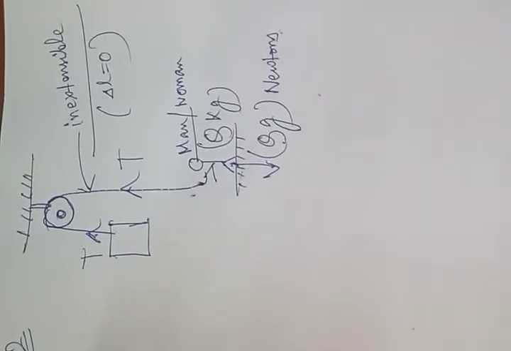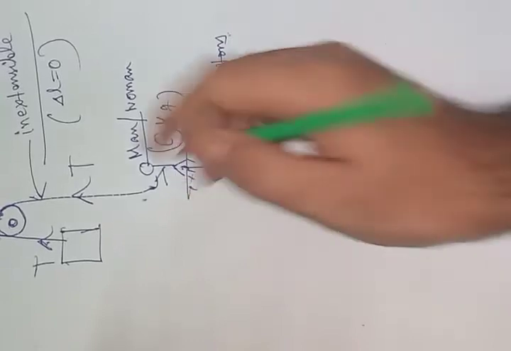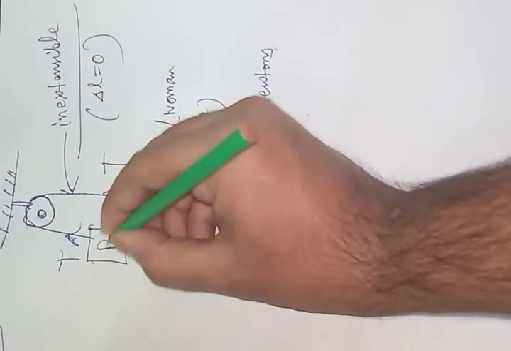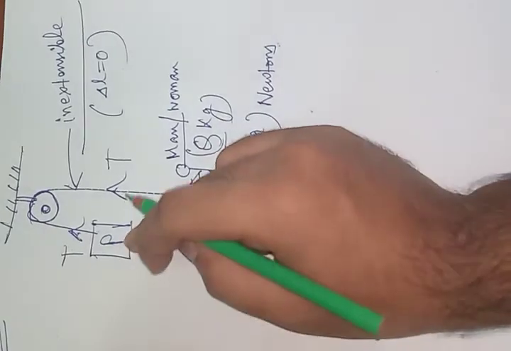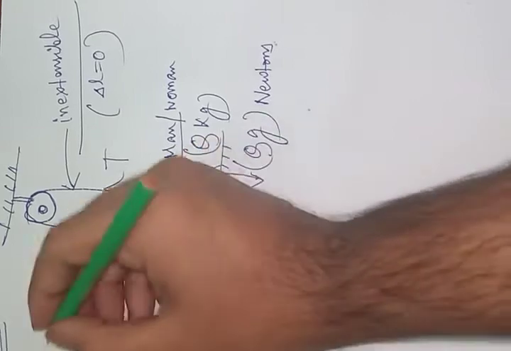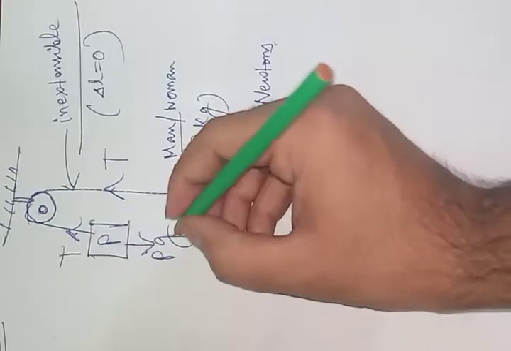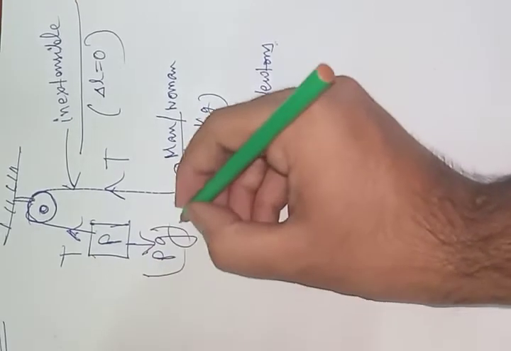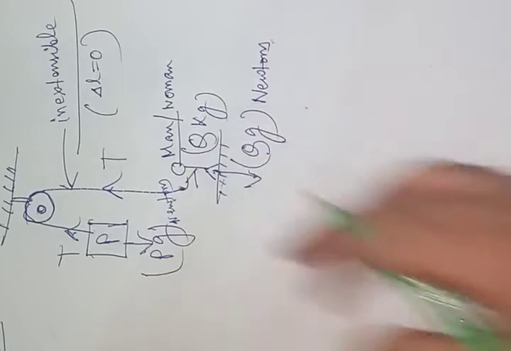So the question proceeds with there is a tension force T, and this block has a mass P. So vertically downwards is P times g. We know g is the acceleration due to gravity. So this is PG newtons.